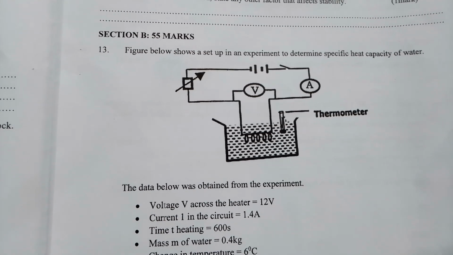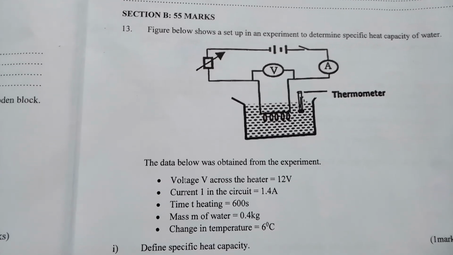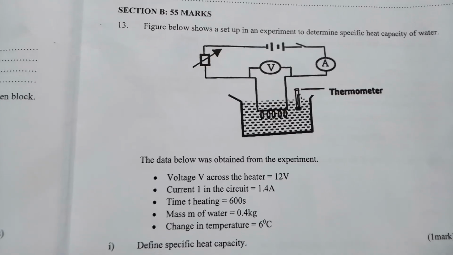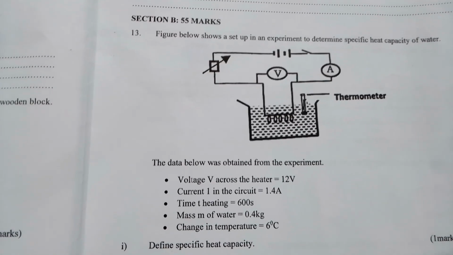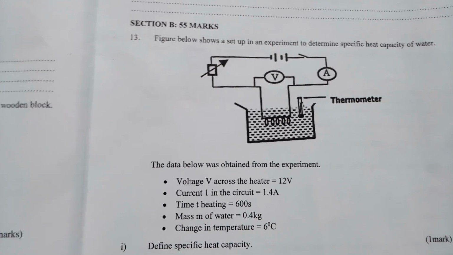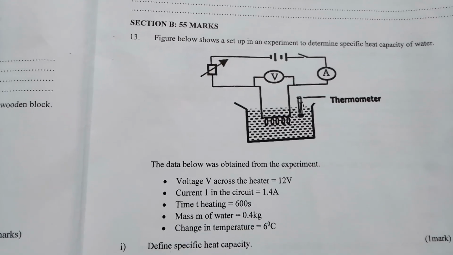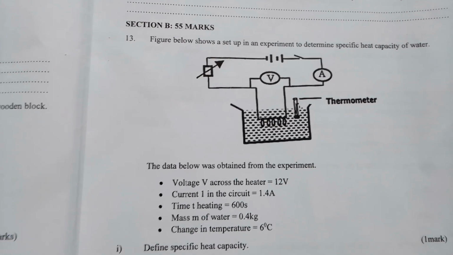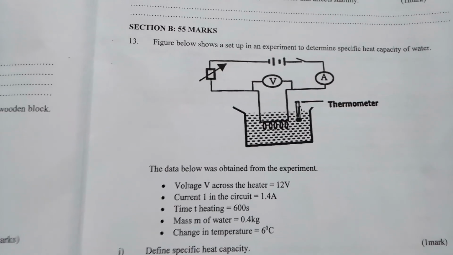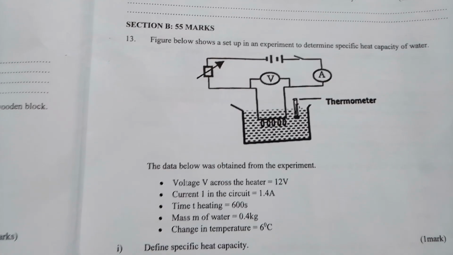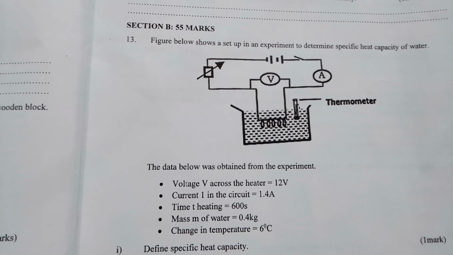The data below was obtained from an experiment. We have the voltage across the heater, 12 volts, and the current I in the circuit equals 1.4 amperes.